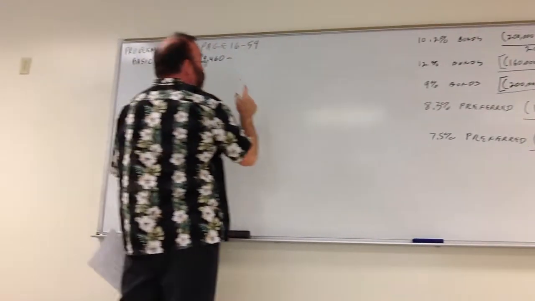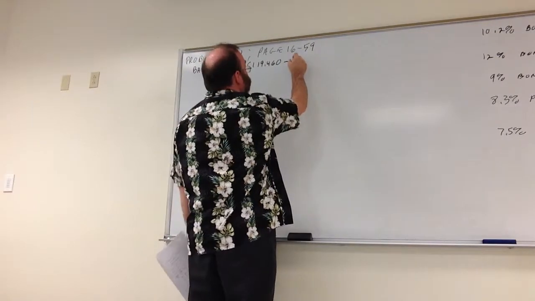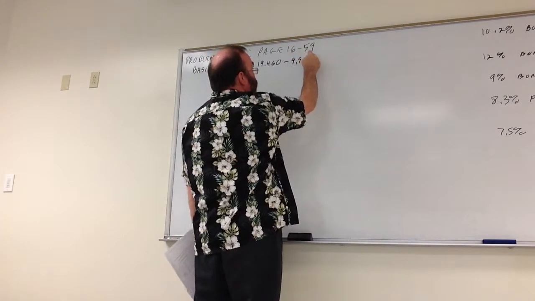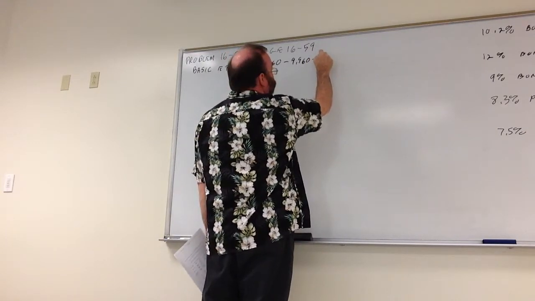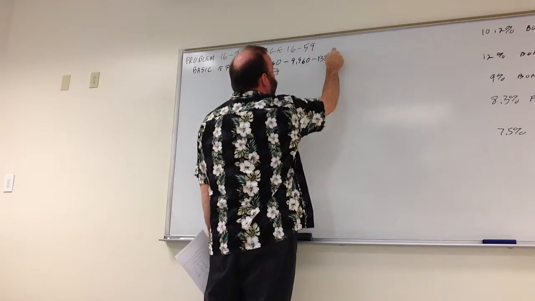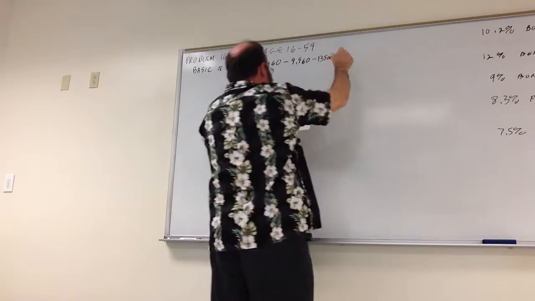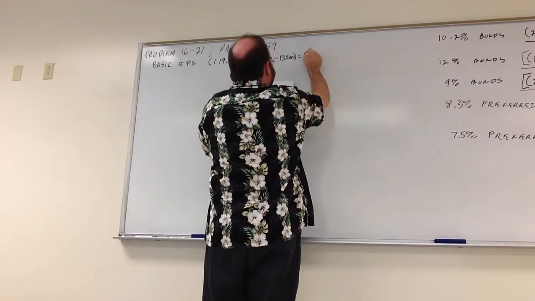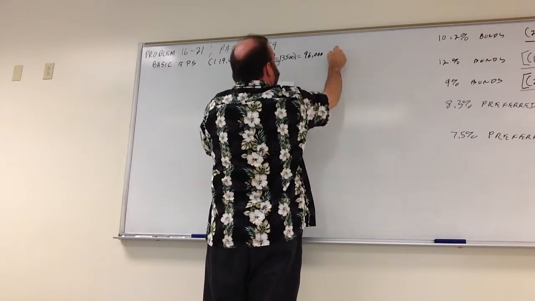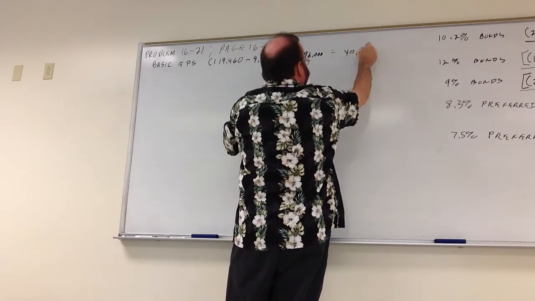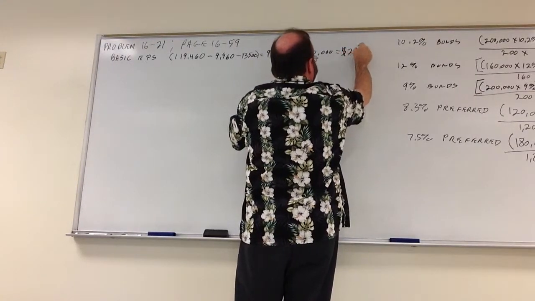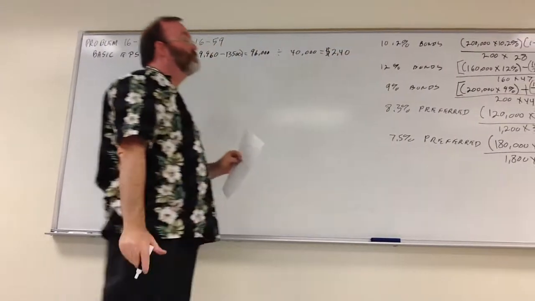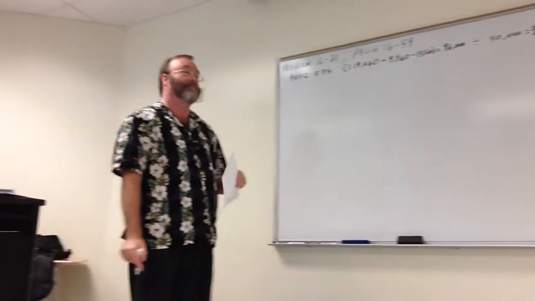So back to the basic earnings per share. We now know the preferred 8.3% is paying $9,960, and the 7.5% preferred is paying $13,500. Did you run that back?